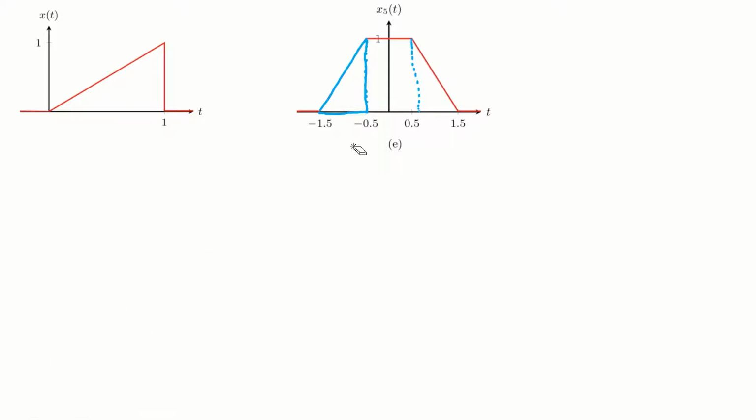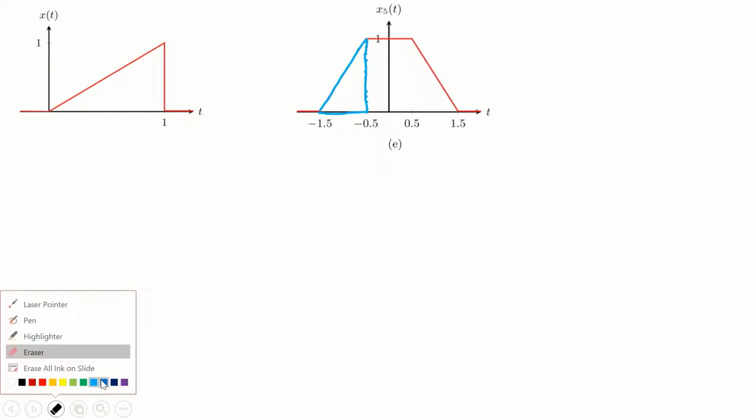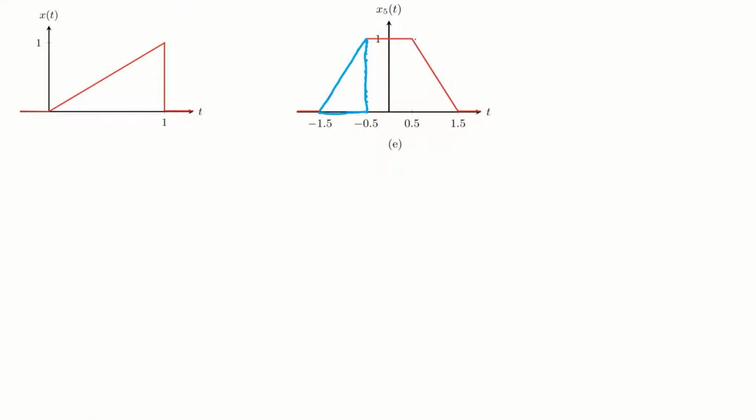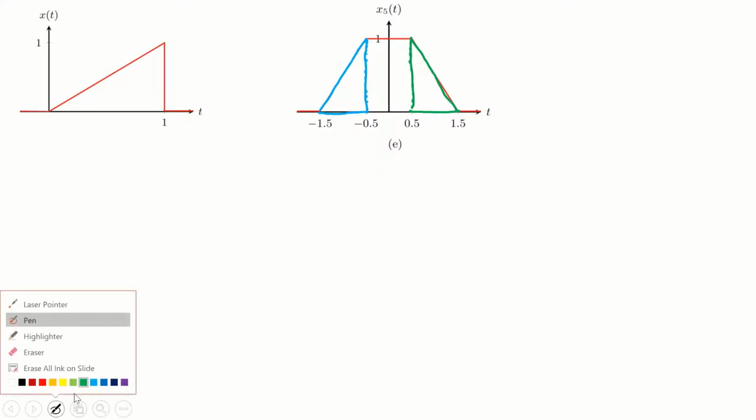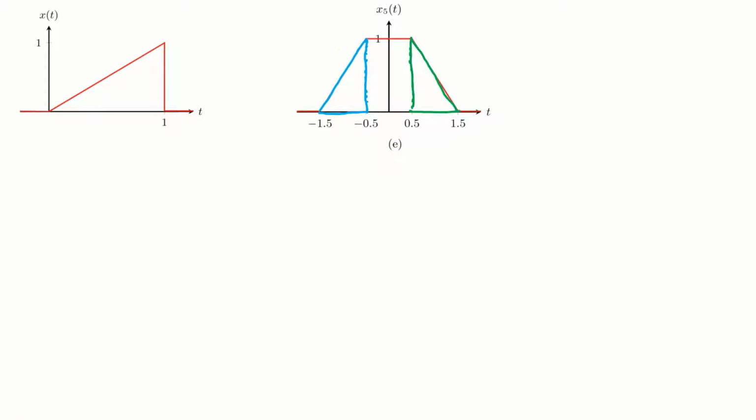Let me use a different color for this part. And you see that this triangle is actually the time inverted version of the blue one. And at the end, we have this rectangle here.